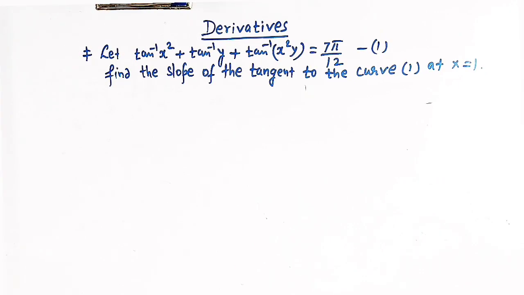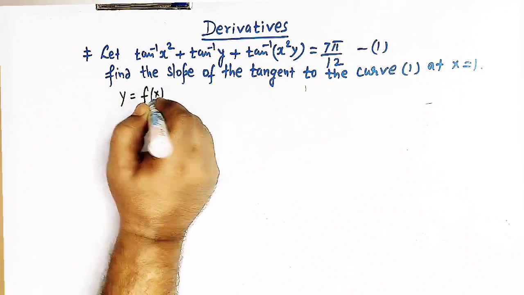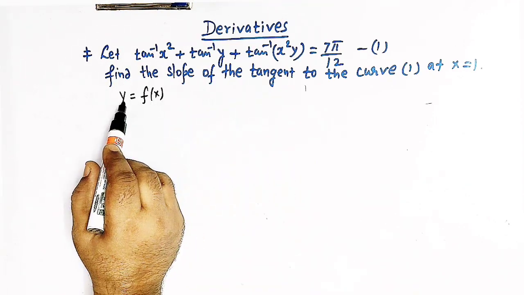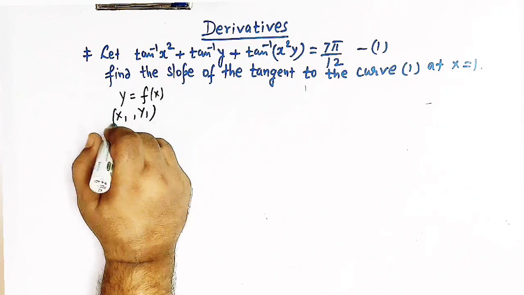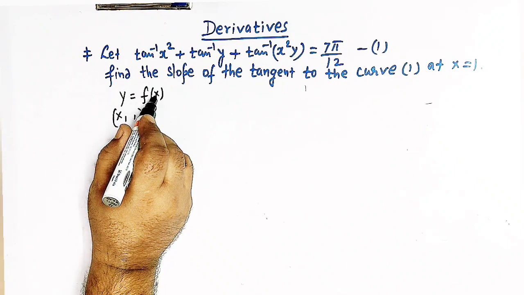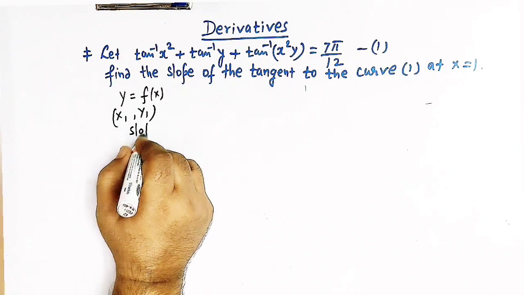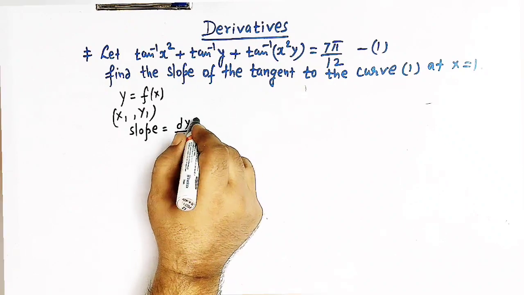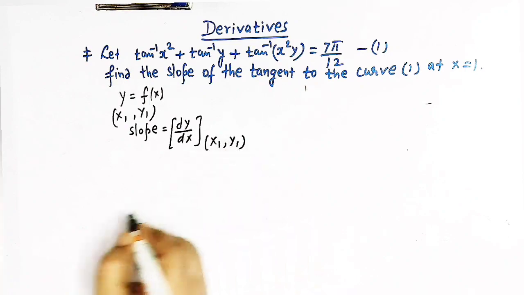Now we know that if we have a curve, say y is equal to f of x, then the slope of the tangent to this curve at some point, say x1 comma y1, is given by the derivative of y with respect to x at this point. So the slope of the tangent is given by dy over dx at this point x1 comma y1.